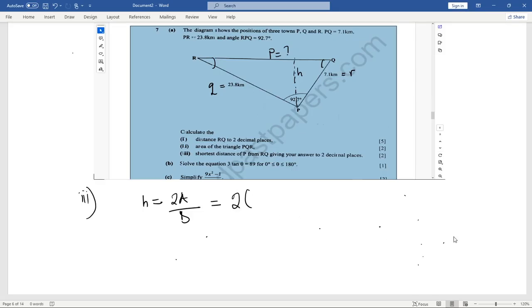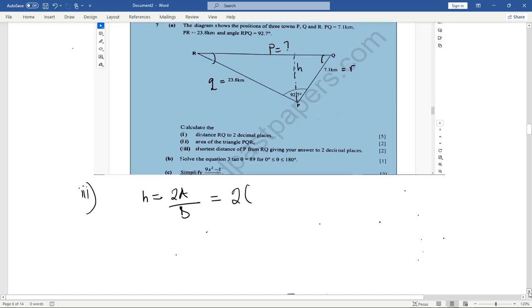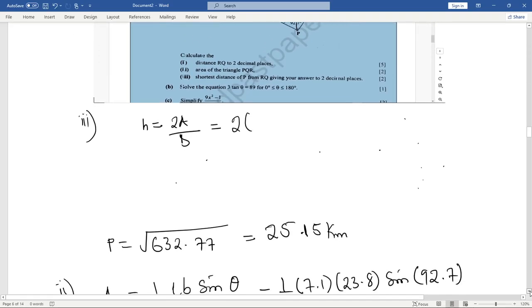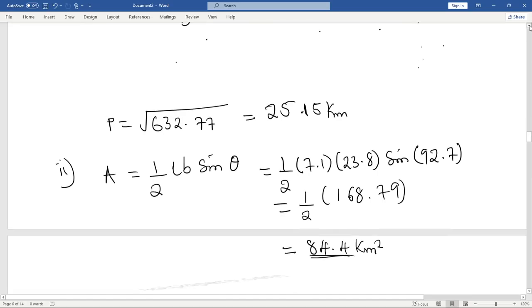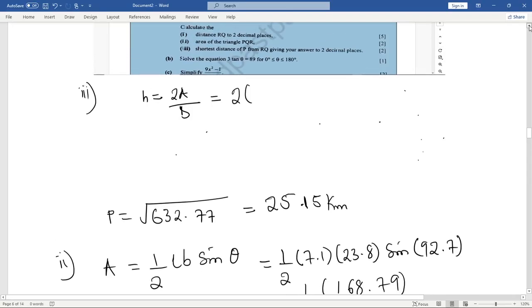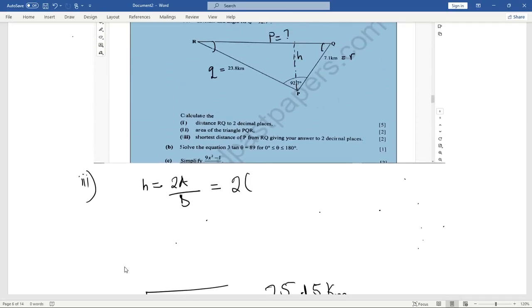So here this will be equal to 2 times the area that we found, which is 84.4 kilometers squared. So we get 2 multiplied by 84.4, divided by the longest distance that we found, which is RQ.